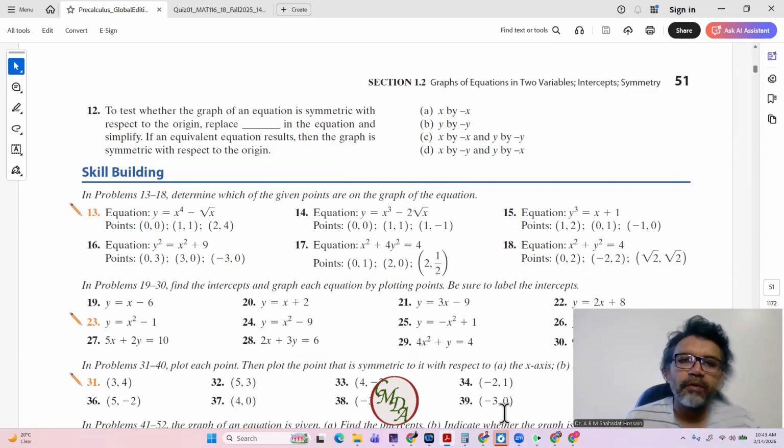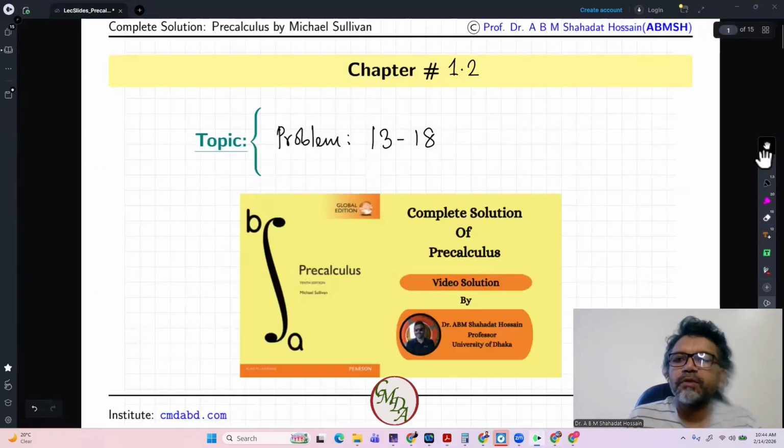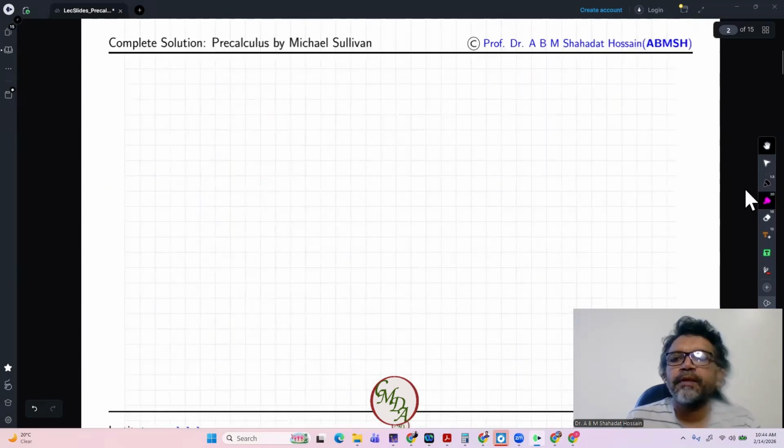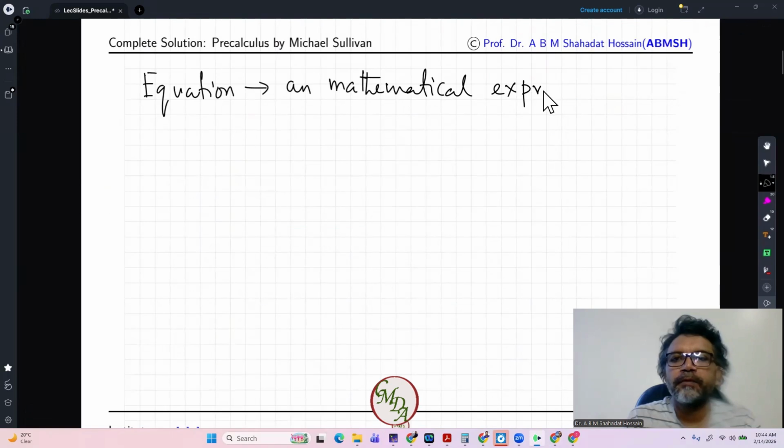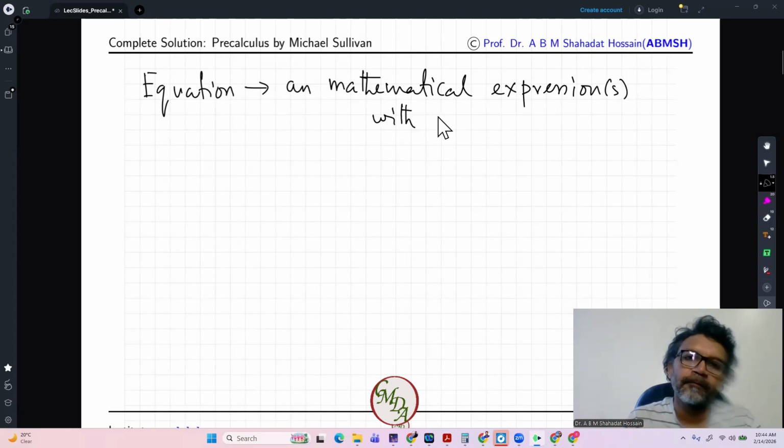First, what is an equation? An equation is a mathematical expression or expressions with an equal sign.